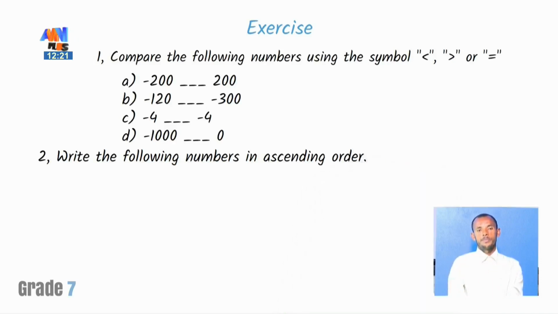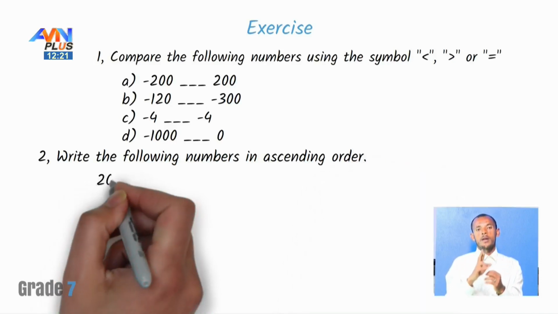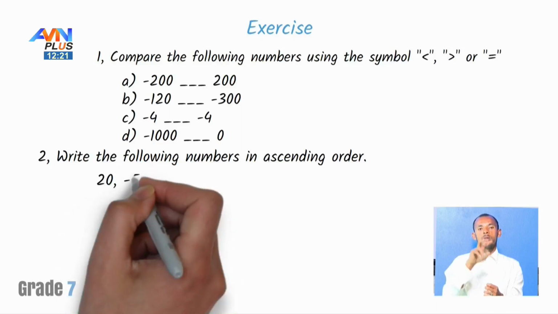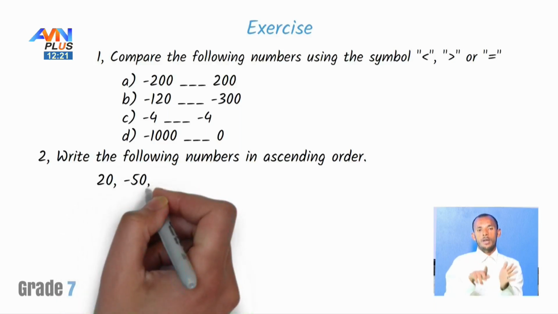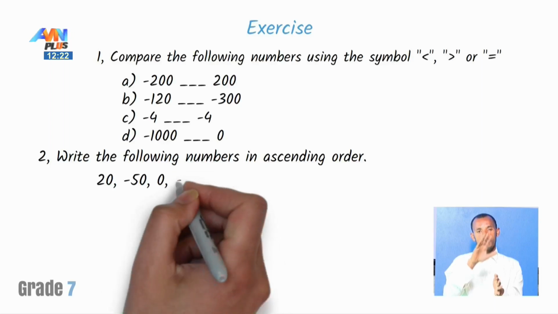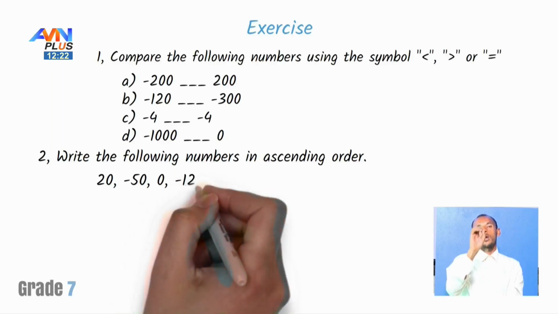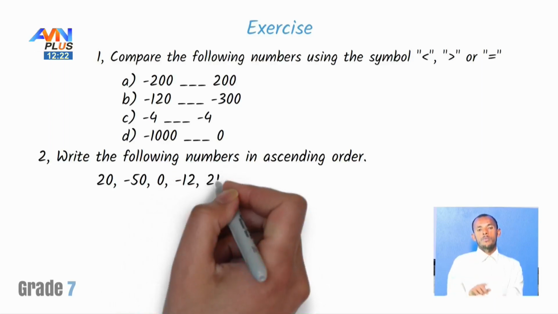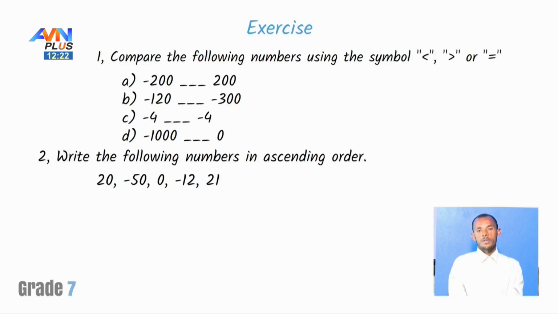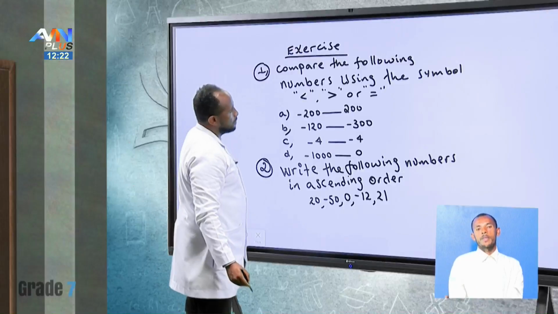Okay, the numbers given here: 20, negative 50, 0, negative 12, 21. That's it.